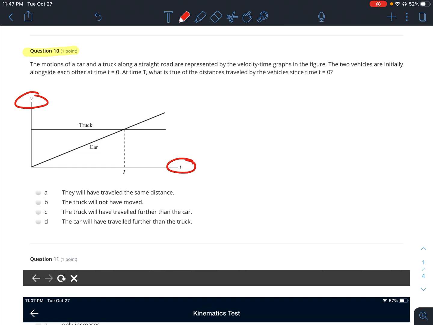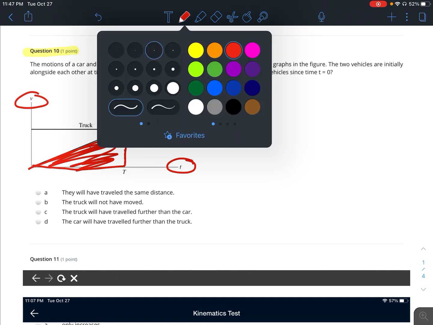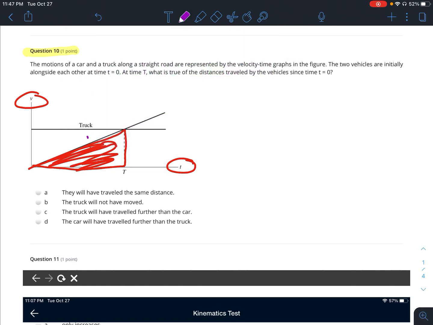So when we look at the car, we're going to have this area being the displacement, or how far the car moves. For the truck, you're going to have this bigger area. That shows that the truck is going to travel a greater distance.